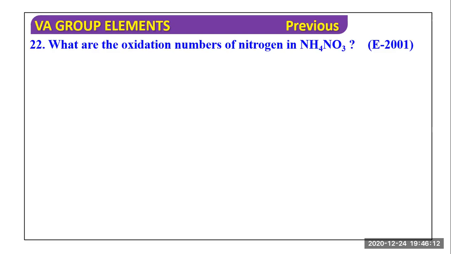Now, what is the oxidation number of nitrogen in ammonium nitrate? Is it +3, -5? No, how is it possible? Because there are 2 nitrogens, one is there, another is there.